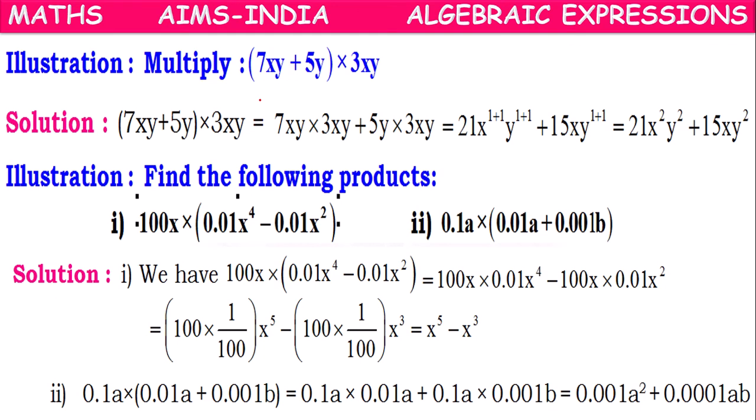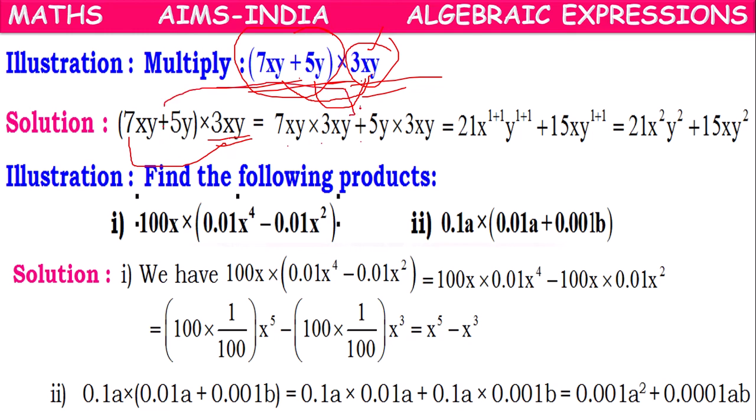Let's see one example, children. 7x plus 5y into 3xy. This is a binomial, this is a monomial. In the monomial we have a single term, and with that we have to multiply the two terms of the binomial separately. With 3xy, let's multiply 7x, so 7x into 3xy, plus, this middle symbol plus to be taken in the middle, 3xy into 5y. Like that we can write.